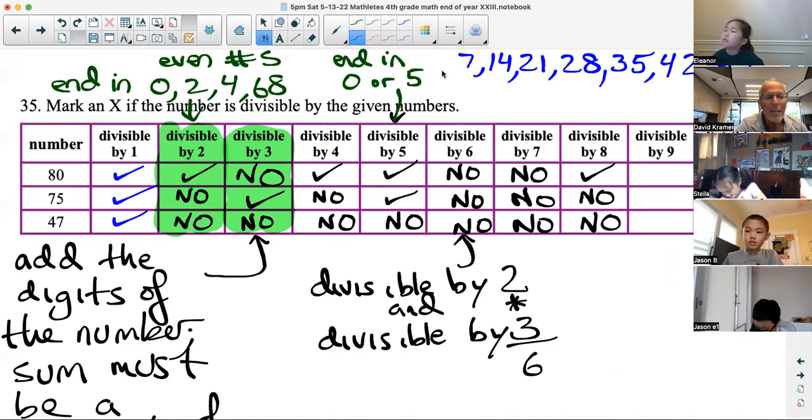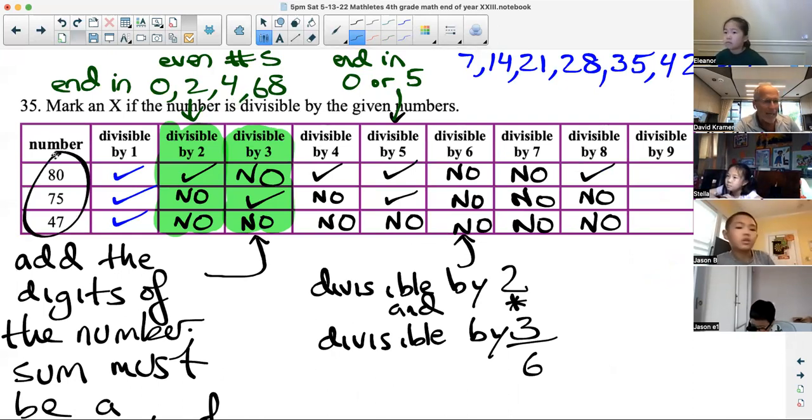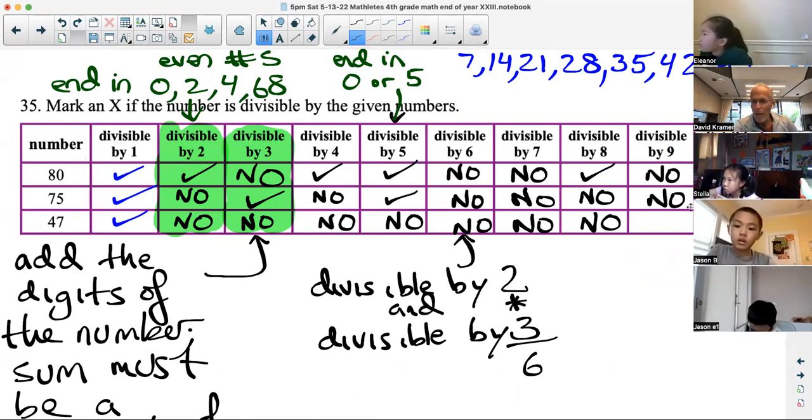So can anybody tell me, are any of these numbers divisible by 9? Raise your hand. Are any of these numbers 80, 75, or 47? So Stella, can you answer that? No. And I agree, none of these are.